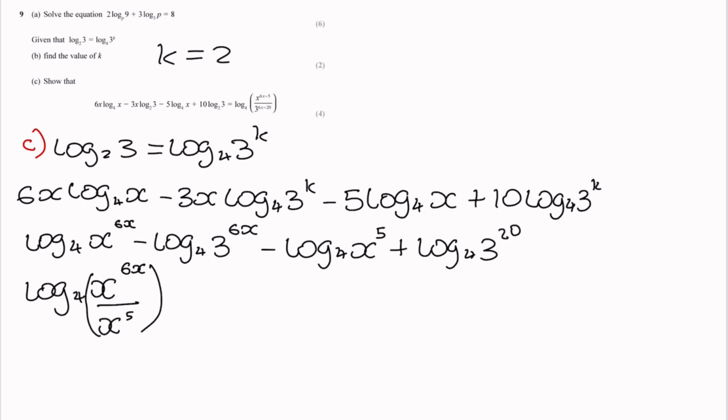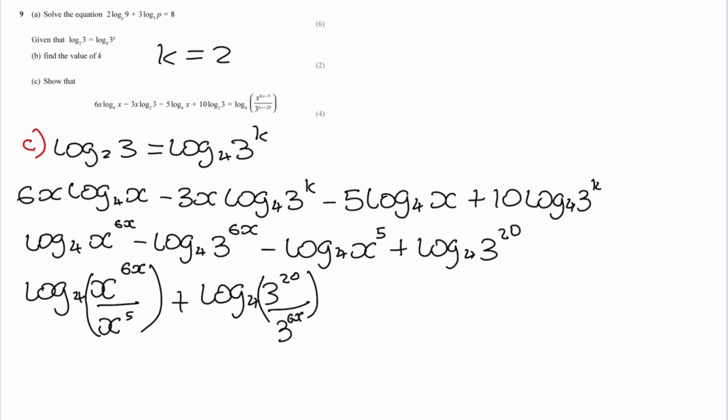And then I'm going to work with the log to the base 4 of 3. So this term here is 3 to the power of 20, that's a positive. And then this term here, log to the base 4 of 3, is a negative, so that means this part is divide. So that's going to go on the bottom. 3 to the power of 6x.